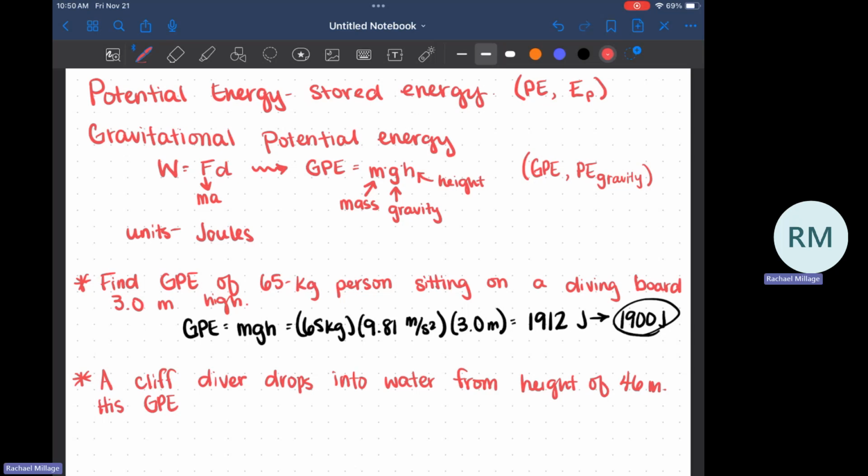His gravitational potential energy decreases by 25,000 joules by the time he hits the water. What is the diver's weight in newtons?